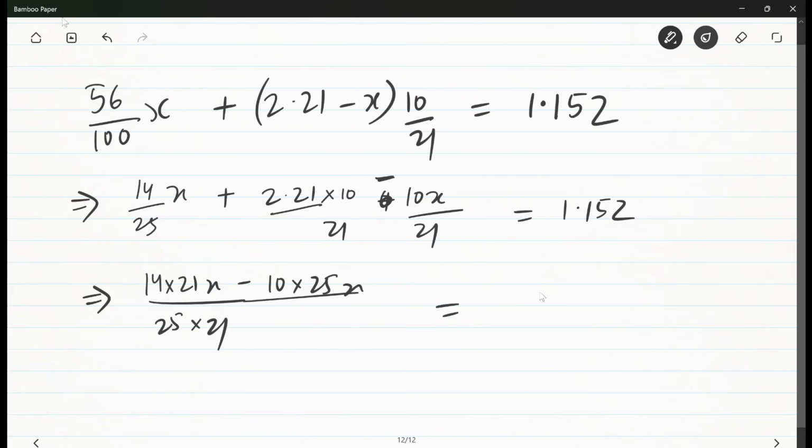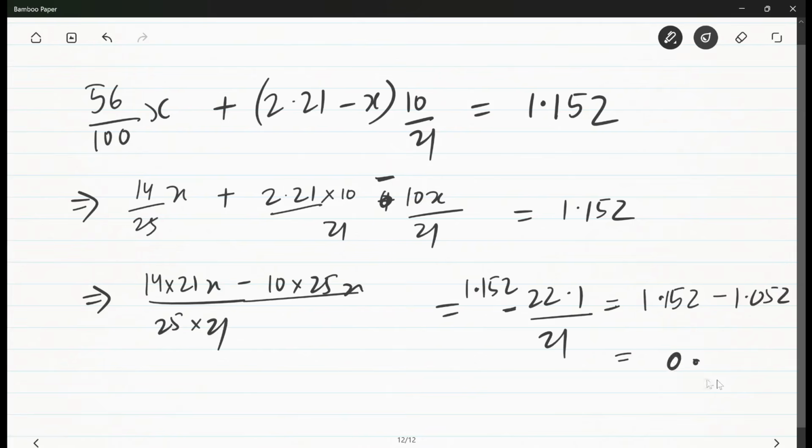This part will go to the other side. 22.1 by 21 minus from 1.152. What is 22.1 by 21? Take some time on this one. 1.052 that is. So 1.152 minus 1.052, subtract. How much will be left? 0.1. Left will be 0.1.